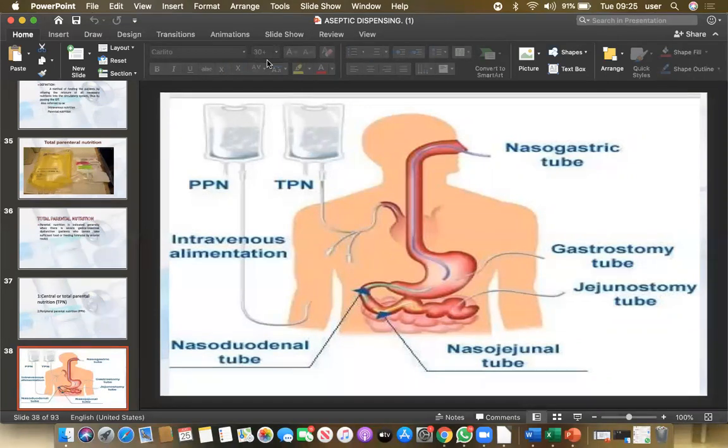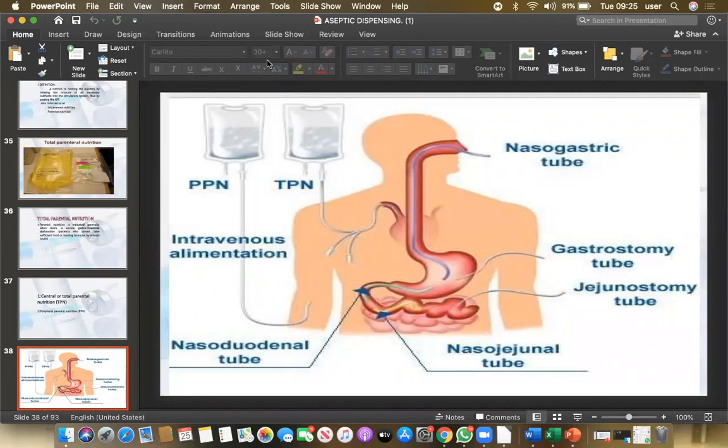It can be peripheral parenteral nutrition (PPN), total parenteral nutrition (TPN), nasoduodenal tubes, jejunostomy tubes, through which feed can be pushed in that area, a gastrostomy tube through the stomach, or a nasogastric tube through the nasal area.